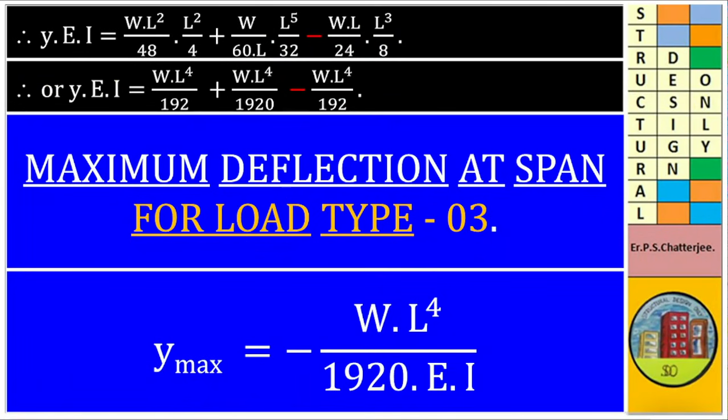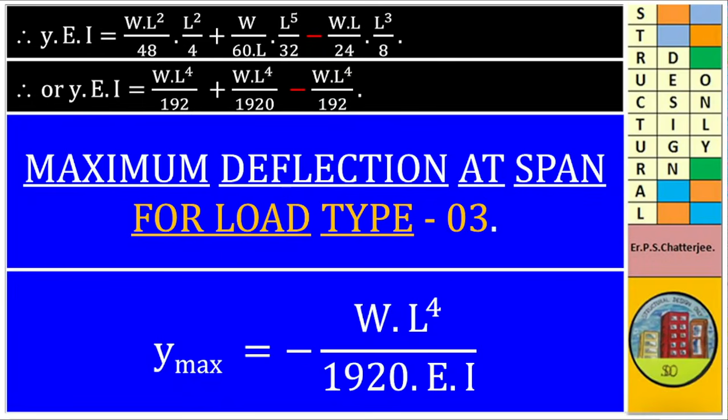By changing the value of x by l by 2, we have y EI is equal to w square by 48 into square by 4 plus w into 60l into l to the power 5 by 32 minus w into l by 24 into l cube by 8, or y EI is equal to w into l to the power 4 divided by 192 plus w to the power 4 divided by 1920 minus w to the power 4 divided by 192.